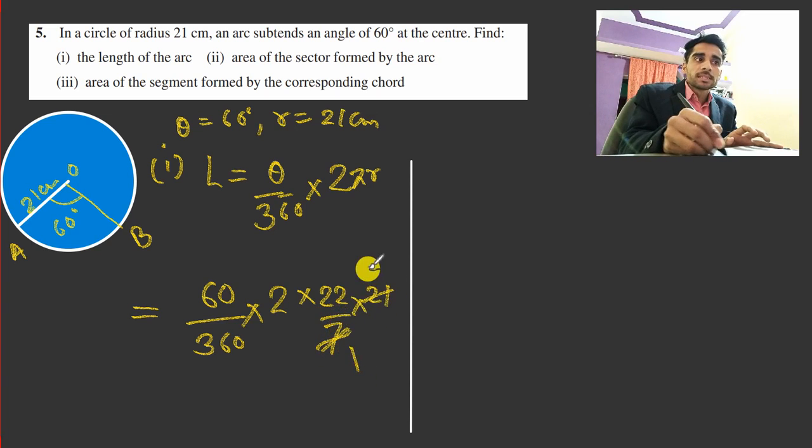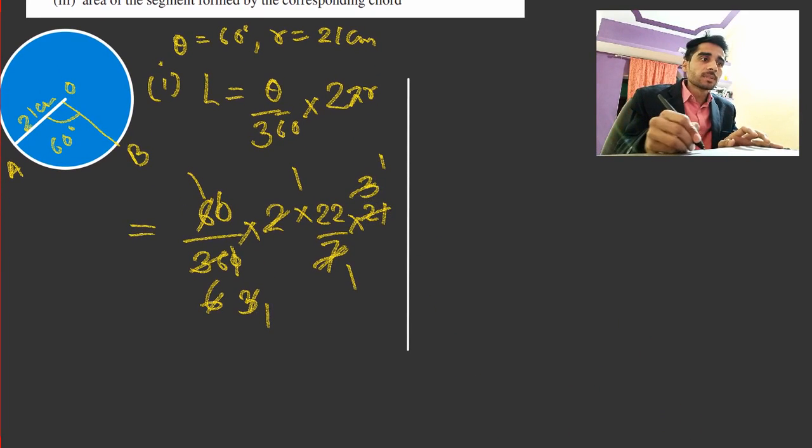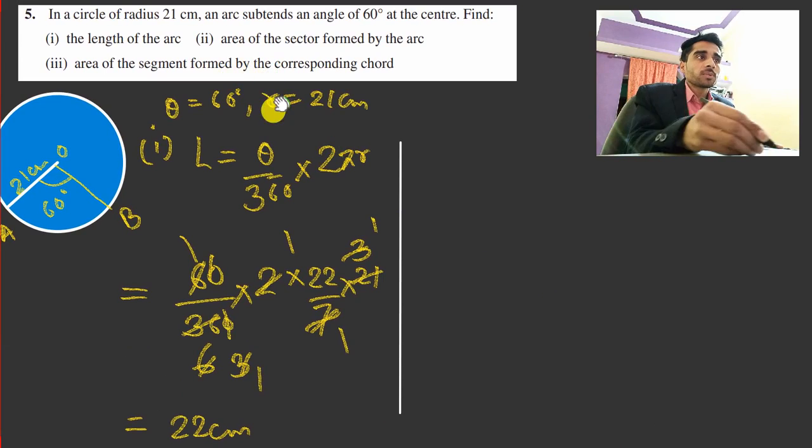Cancel out: 7 1 ja, 7 3 ja, 0 0 cancel, 6 1 ja, 6 6 ja, 2 1 ja, 2 3 ja, 3 1 ja. Answer will be 22 centimeter.